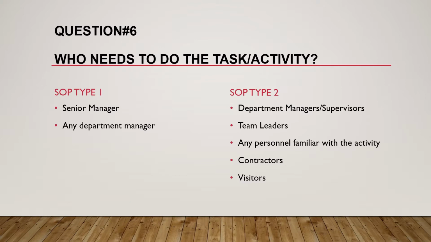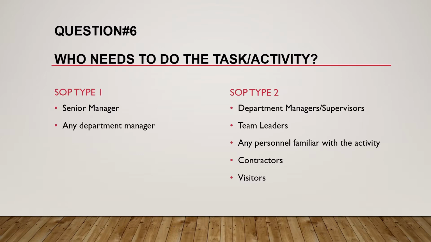So now we come to who needs to do the task or the activity. And in keeping with the level of difficulty, we will ask ourselves whether it is a type 1 SOP, which is your master SOP, strategic document, because these are normally done by the senior managers or the department managers.